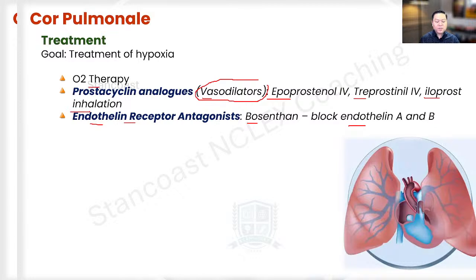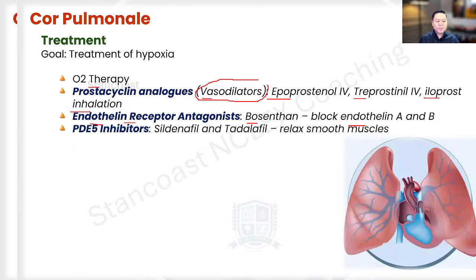Now let's move on to another classification, the PDE5 inhibitors. What are these medications? These are sildenafil and tadalafil. Remember, these are medications used especially in the older male population that may have ED, erectile dysfunction.